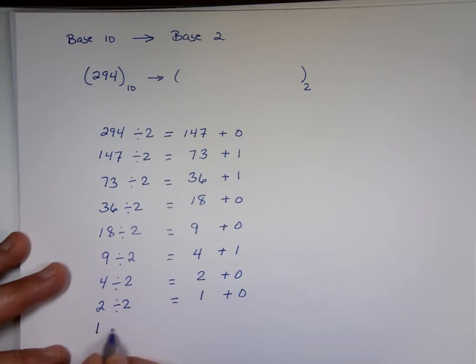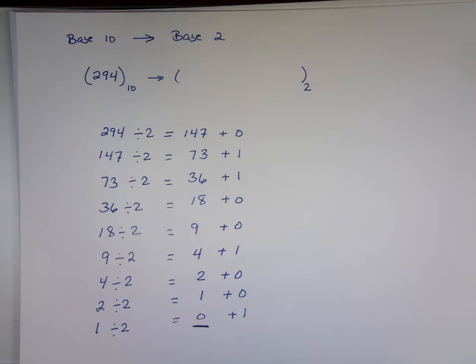And 1 divided by 2 is 0, remainder of 1. Once you hit a 0 here, you are done. And since you and I write from left to right, I'm going to read these numbers upward.